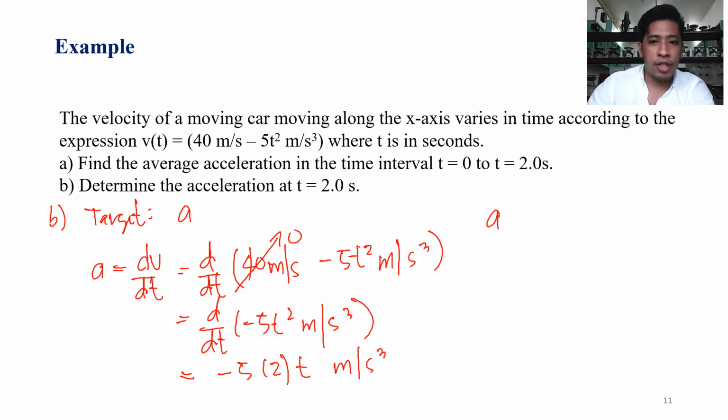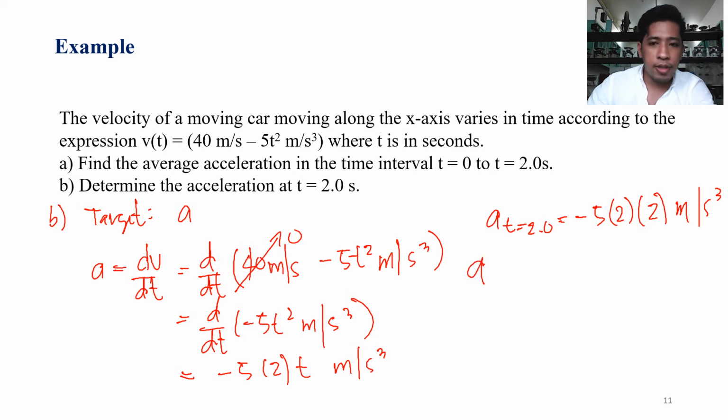Your acceleration then at t equals 2 seconds is equal to negative 5 times 2 times 2 meters per second squared. Sorry, let me rewrite.